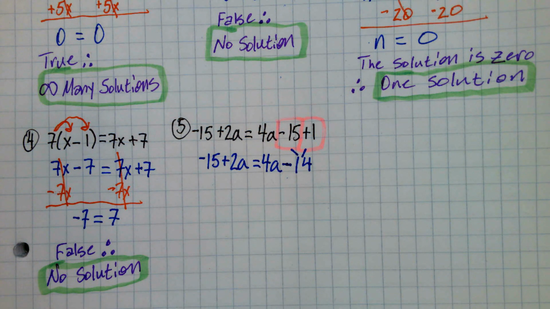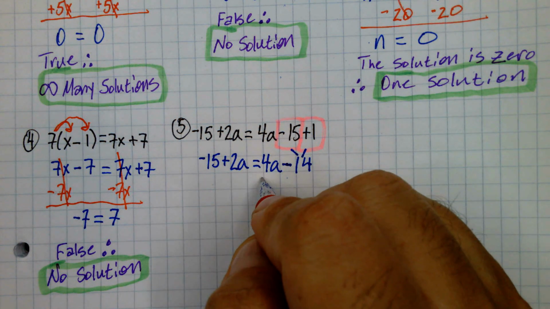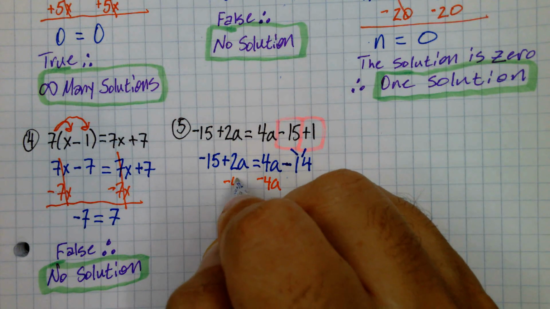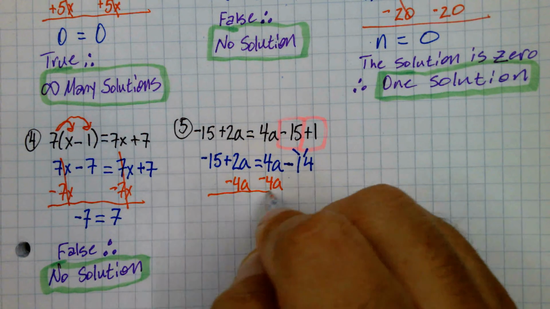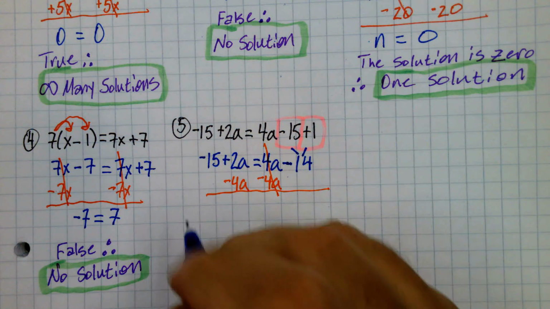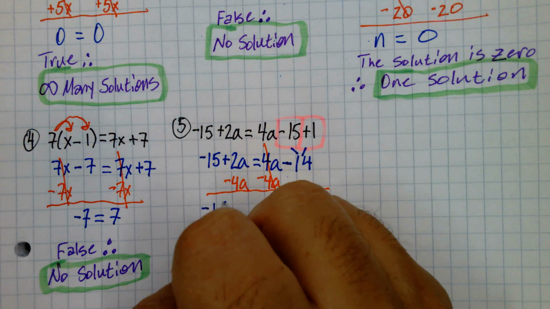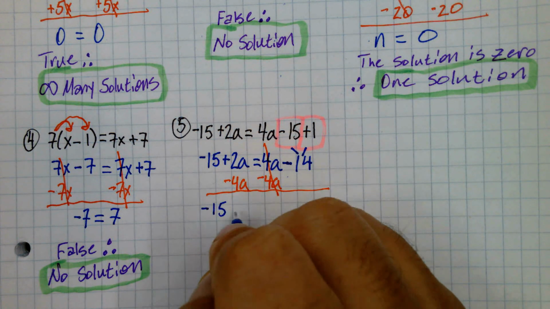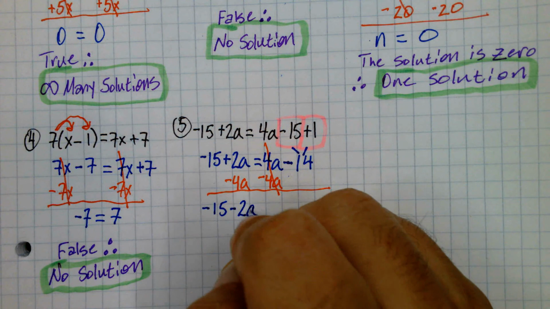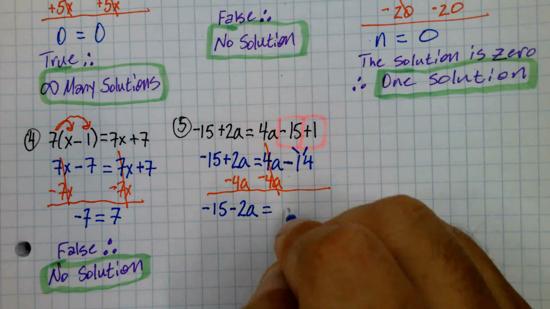Again, if you're not sure, just continue. Do what you know to solve this. I know that I should do this, minus 4a. And let's see here. I get negative 15. 2 take away 4 is negative 2a equals negative 14.